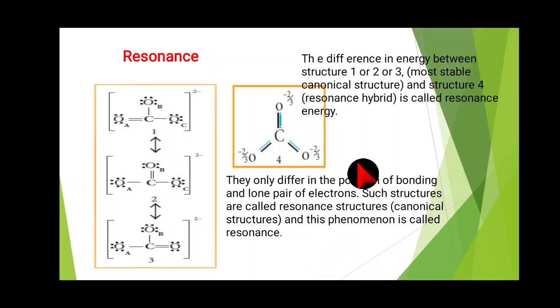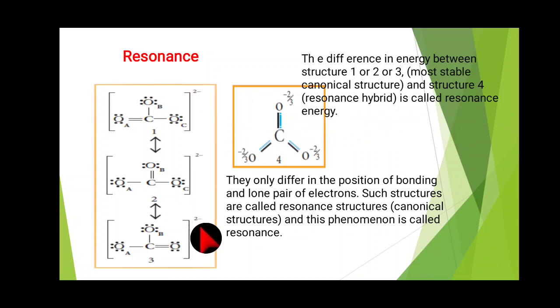Now, the first three structures differ from the fourth one. The difference in energy between structure 1 or 2 or 3 and structure 4, the resonance hybrid, is called resonance energy.